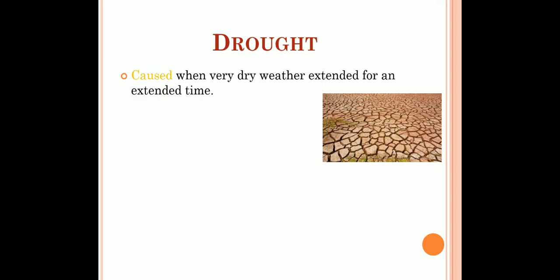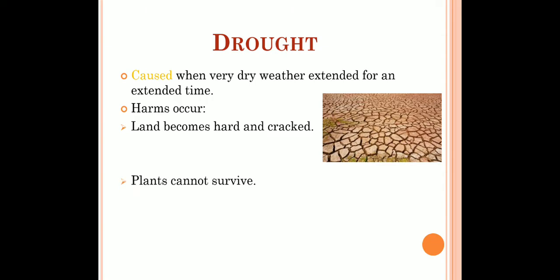So drought is caused by very dry weather, where there is no rain for an extended time. The harms that occur, like you see in the picture, are that the land becomes hard and cracked.